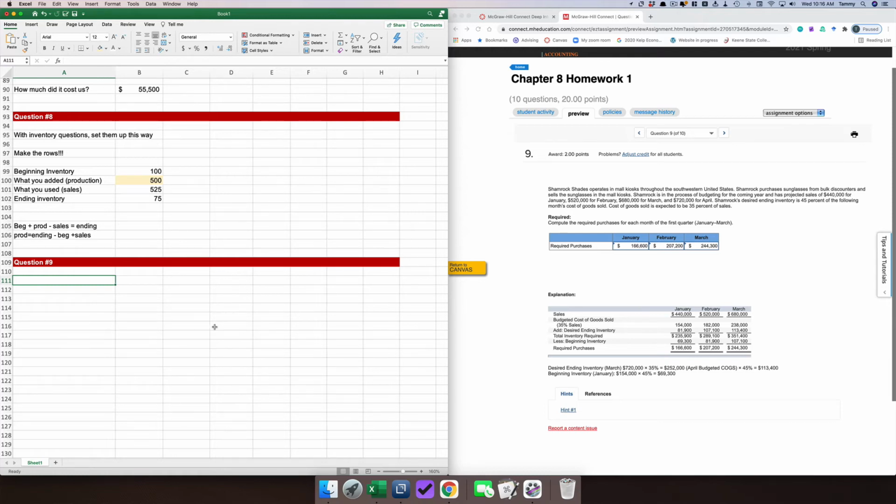So as always, I put the small assumptions up at the top. Our ending inventory need is 45% of the following month's cost of goods sold, and our cost of goods sold is 35% of sales.